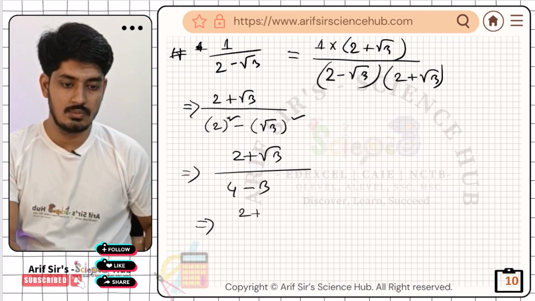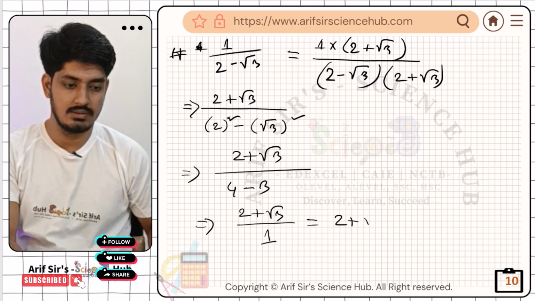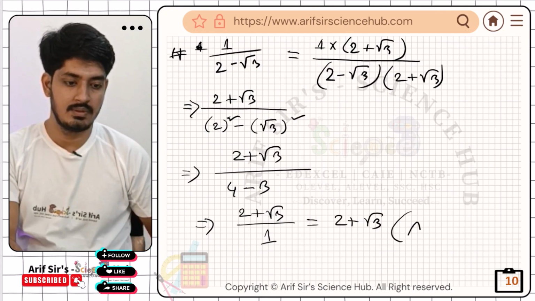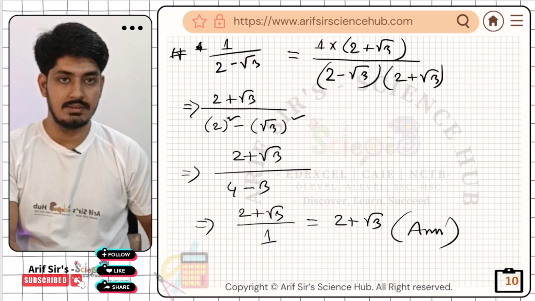Then 2 plus root 3 divided by 1, because 4 minus 3 is equal to 1. So easily we can write 2 plus root 3. There's the answer, and its denominator is rationalized.